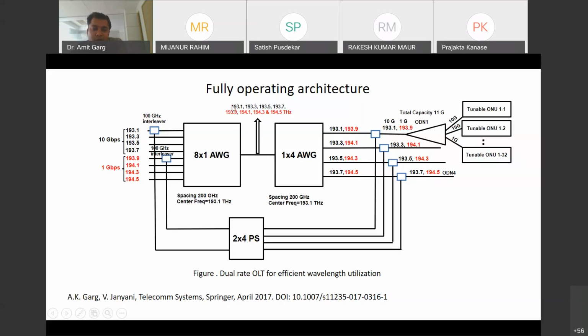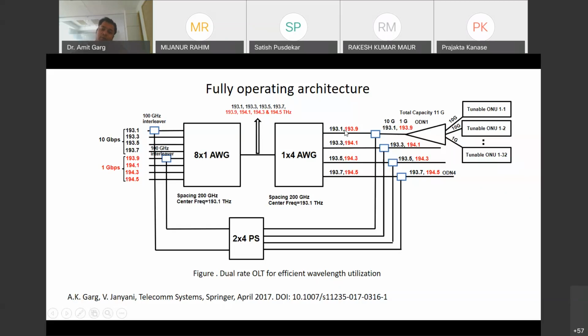So that is the stream of wavelengths 193.1, 193.3 to 194.5 coming at this point. So due to this 1 cross 4 AWG, we'll get here 193.1, 193.9, 193.3, 194.1.